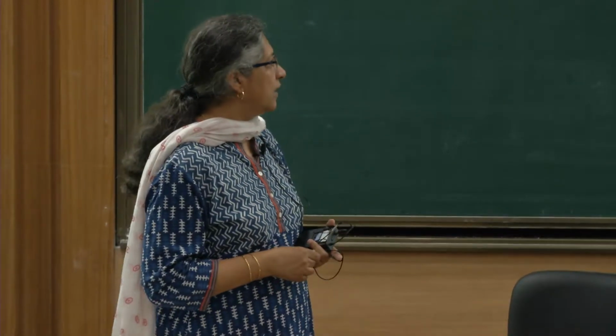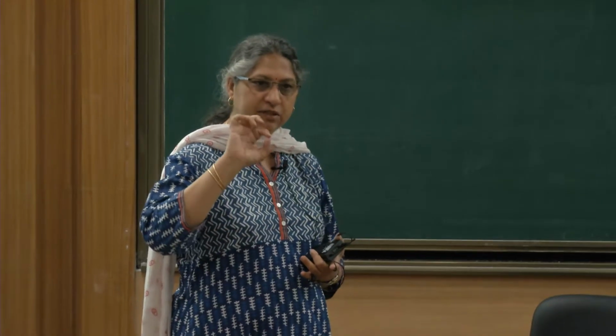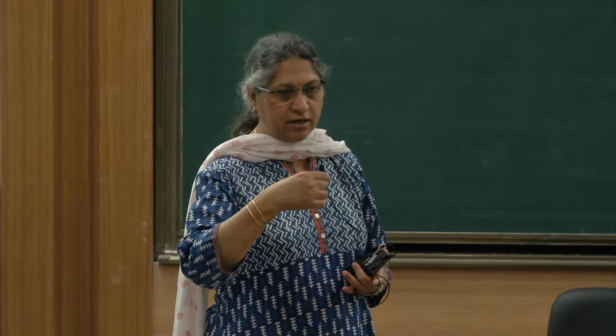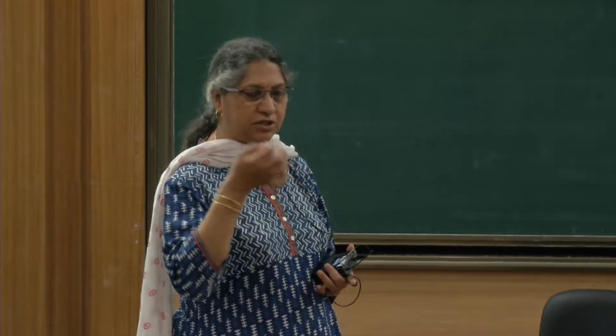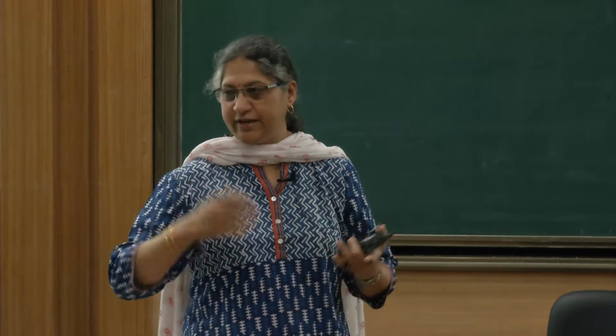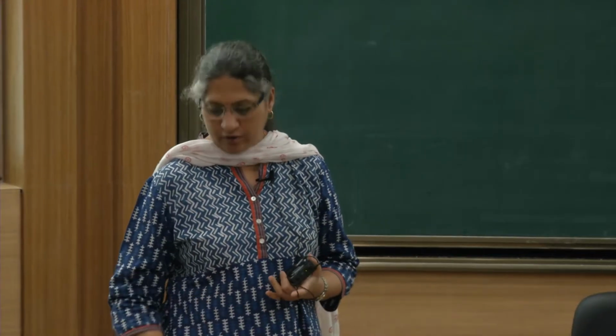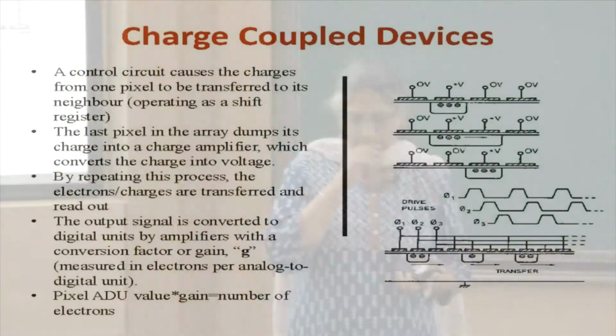Okay. So what happens is that in these pixels there is a potential well which is created where the electrons are stored, and these electrons are generated when a photon strikes, with the photoelectric effect which all of you know. So this is how the electrons are generated, and these are stored in the pixel. Having been stored in the pixel, you need to read out these electrons, right?